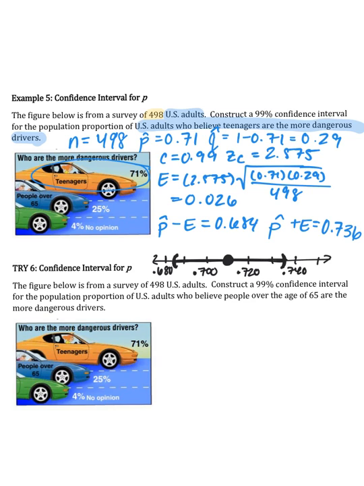Okay, and then we write our interpretation with 99% confidence.